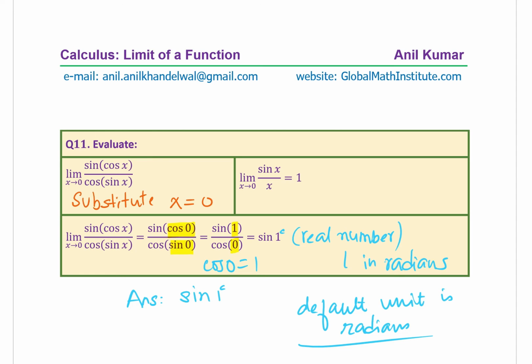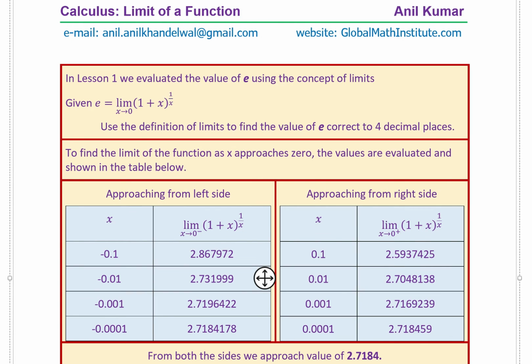This brings us to the end of our video. Now here is a very important learning. I'd like you to also revisit the beginning of our calculus lecture. When we did the introduction to calculus, we worked with this formula, where e is the limit of 1 plus x to the power of 1 over x when x approaches 0.